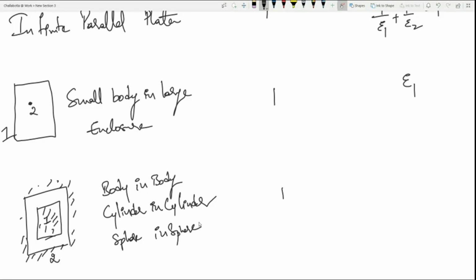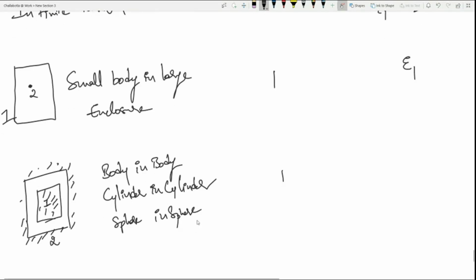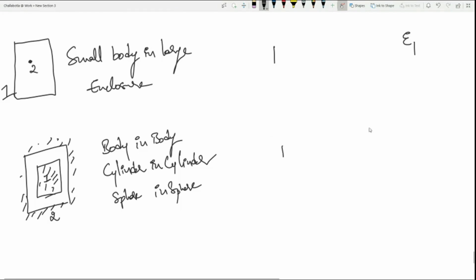It can be anything inside anything. It's a body inside the body. If that is the problem, what will be the equivalent emissivity formula? In that case, 1 by epsilon 1 plus A1 by A2 into 1 by epsilon 2 minus 1. This is the formula that we are going to take.